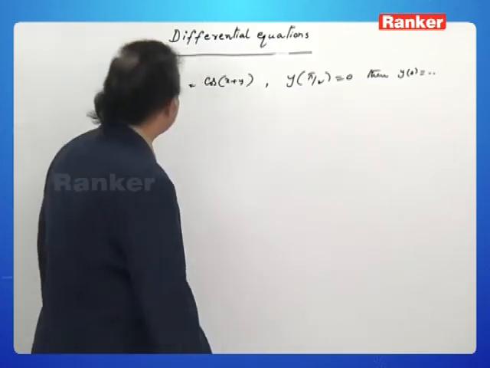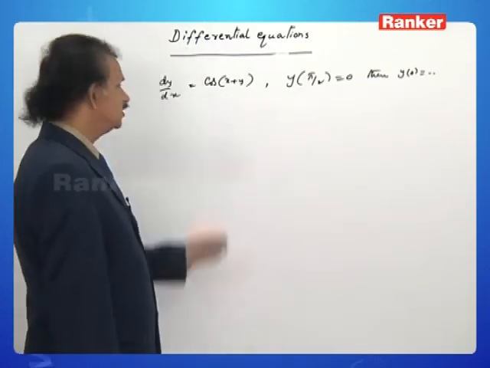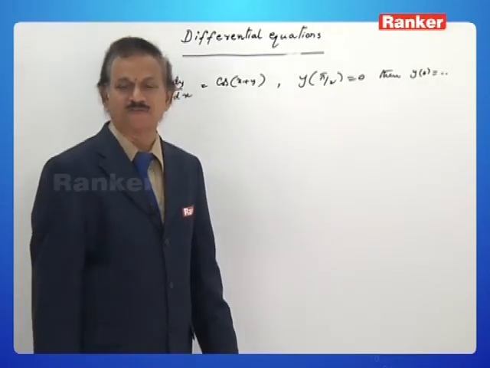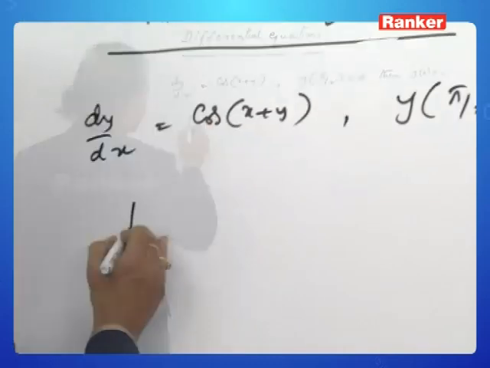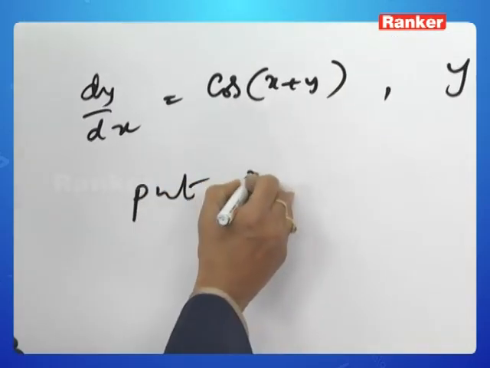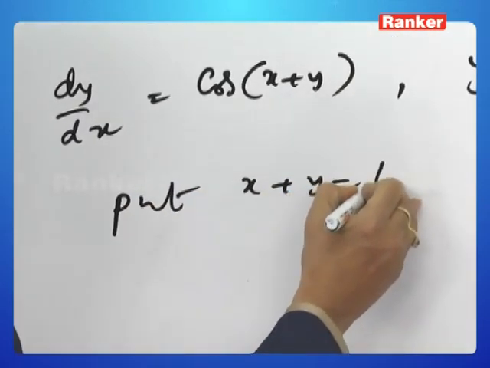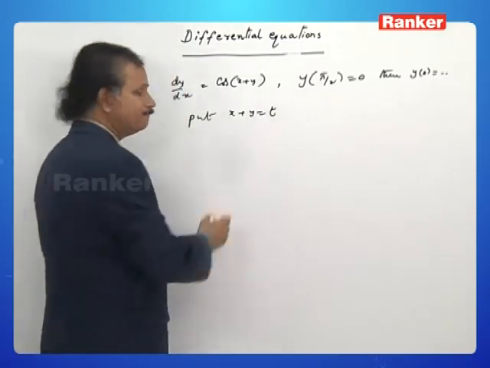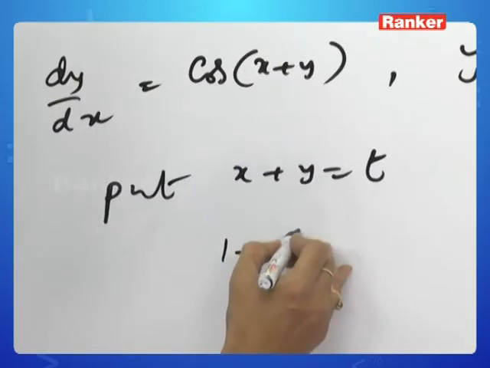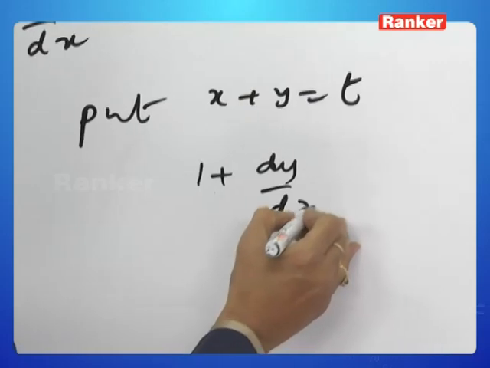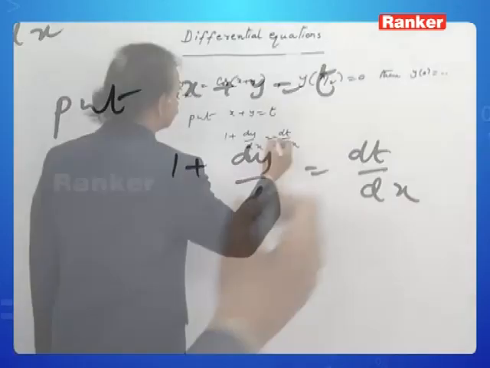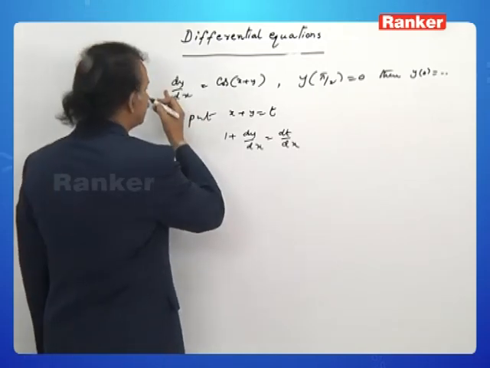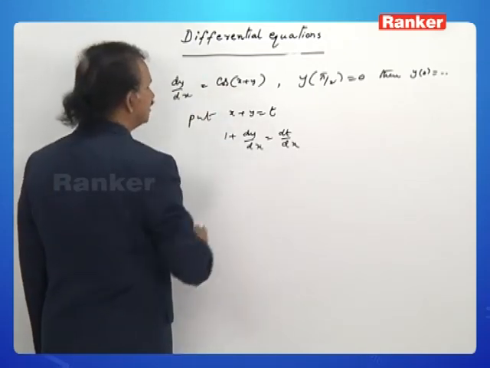Okay, let us try. This is another form of the variable separable method. Look, in this method, I like to take x plus y is equal to t. Then 1 plus dy by dx is equal to dt by dx. Suppose you add 1 on both the sides.